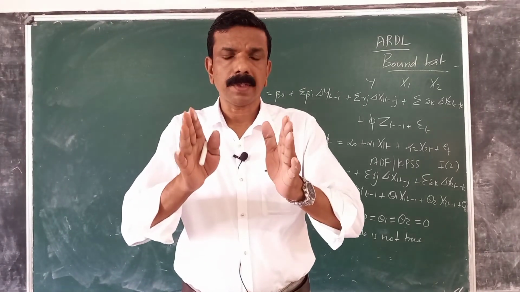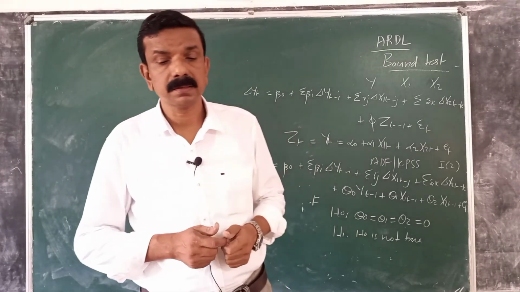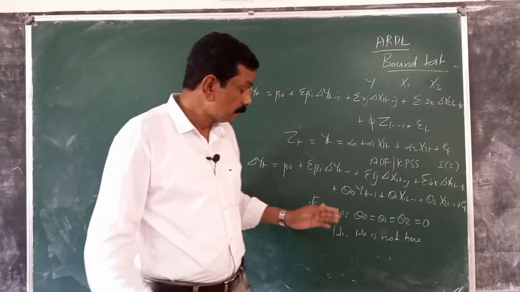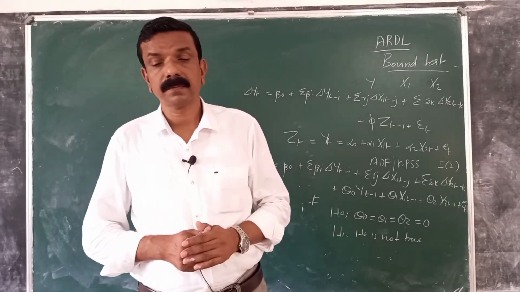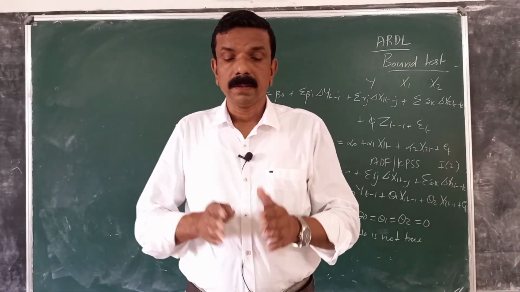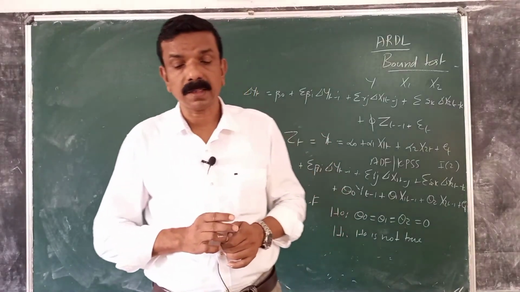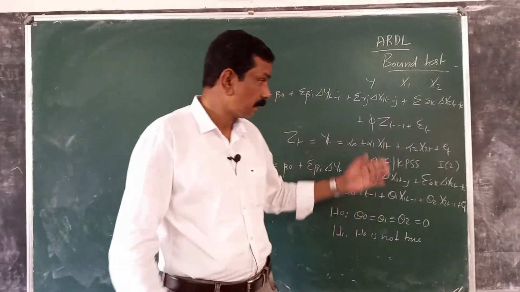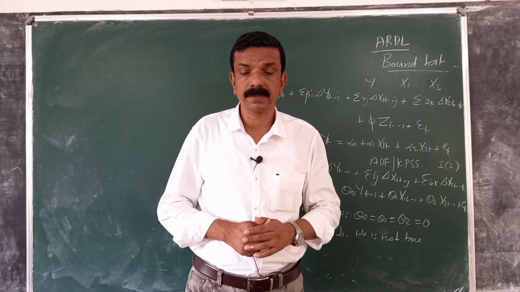Now, one practical difficulty when using the F test is the distribution of F statistics is not standard. So, exact critical values of F are not available when the variables are a mixture of I0 and I1 variables.